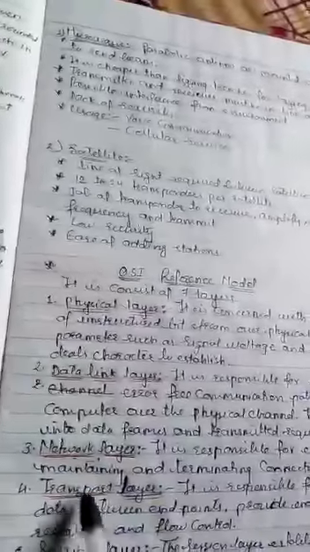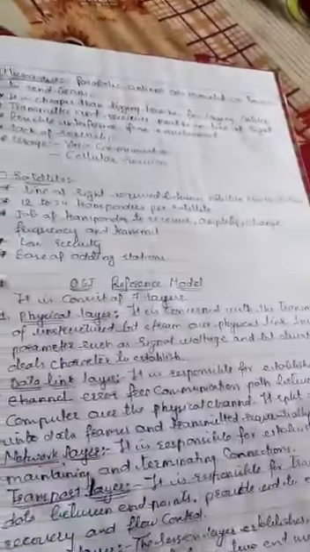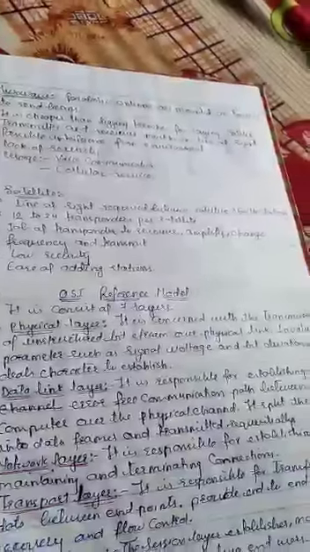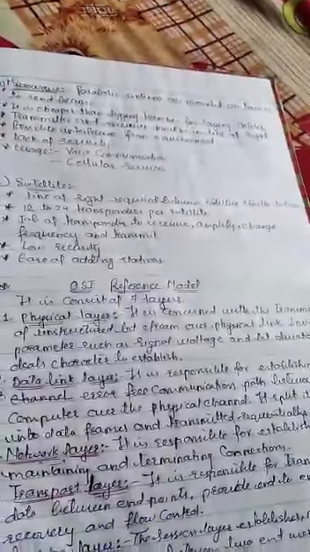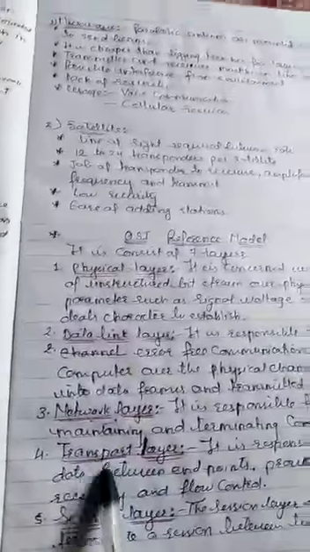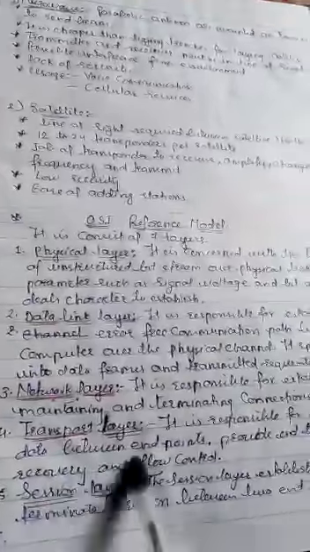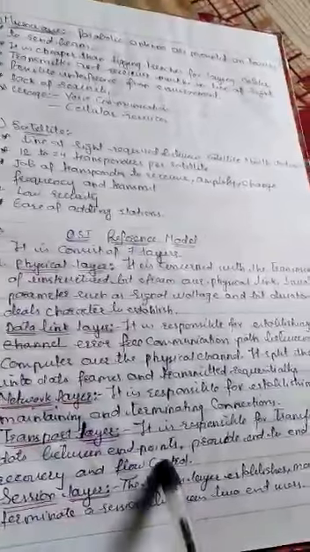Network layer: it is responsible for establishing, maintaining, and terminating connections. Its main task is to establish the connection, maintain it, transmit the data, and finally terminate the channel.